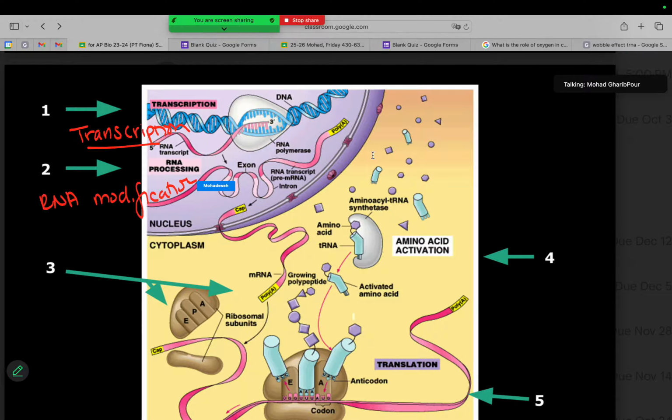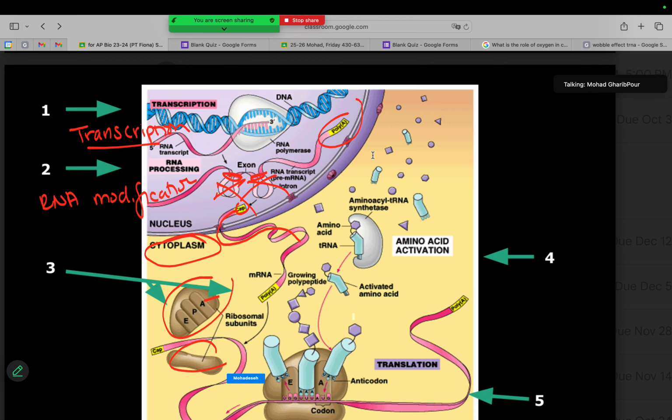So you see there's alternative splicing. We're going to cut out the introns. We're left with exons. We stick on a poly A tail and 5' cap. Ship it out to the cytoplasm.